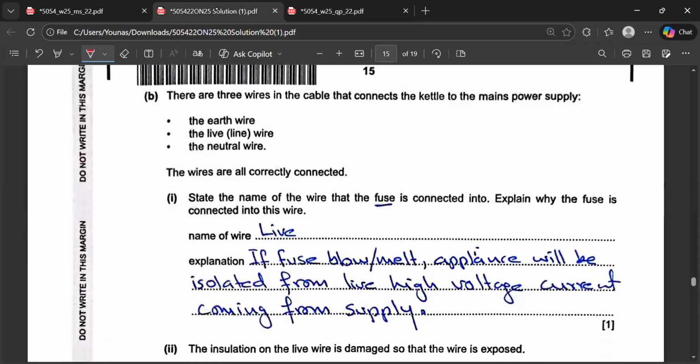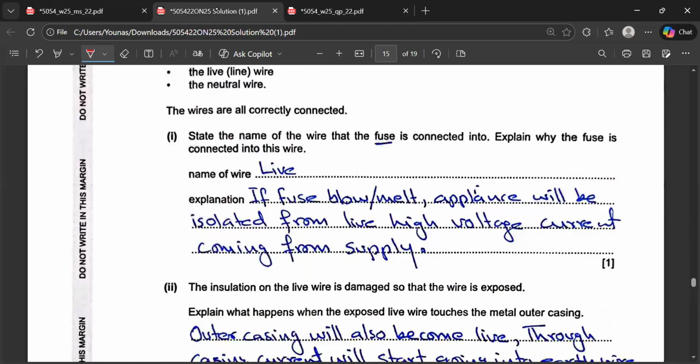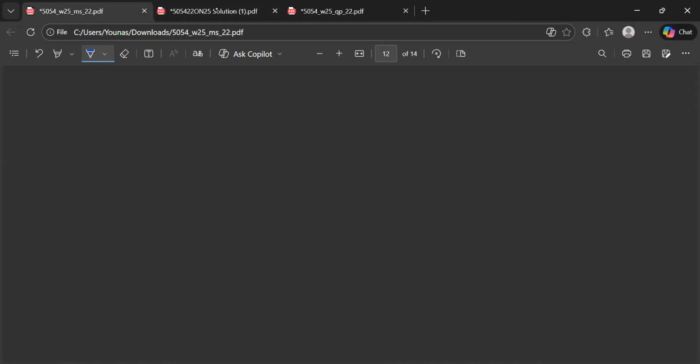Okay. So here I have written if the fuse blows or melts, appliance will be isolated from live high voltage current coming from the supply. Okay, this is my answer, sir.